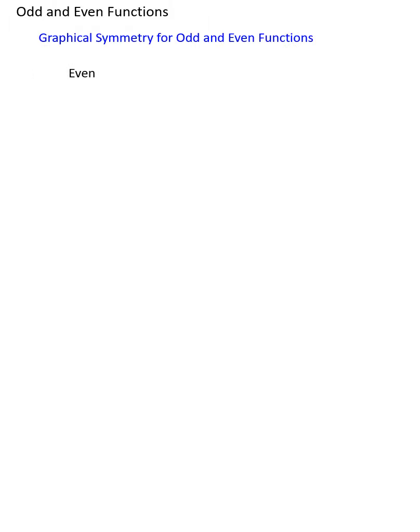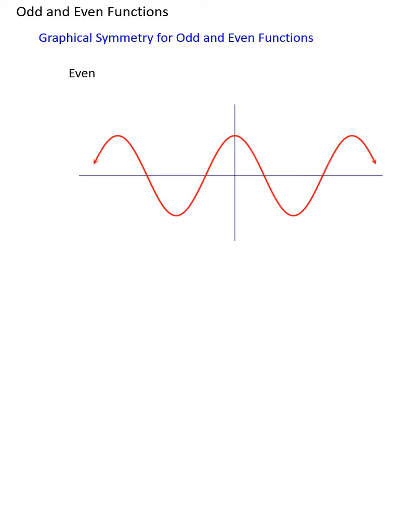Now, aside from proving that functions are opposites, odd or even, there's the issue of graphic symmetry. Let's take a look at an even function graph. This function has a certain symmetry to it, as you can see. And what makes it even?